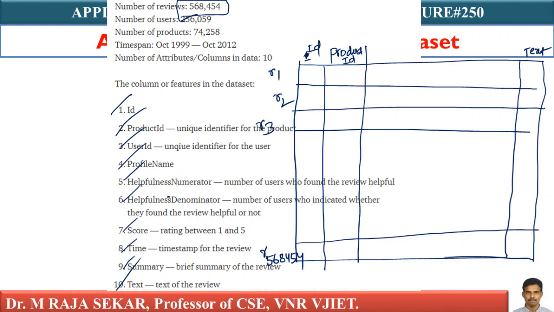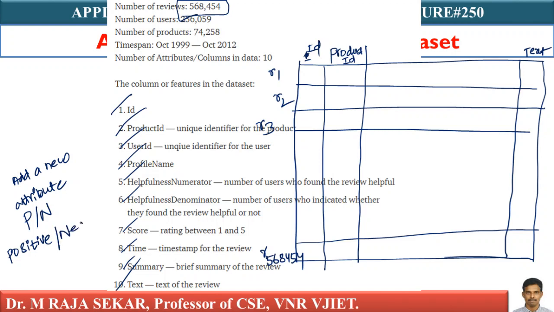Now I want to add a new attribute, or column, with the name P/N. P/N means positive or negative.